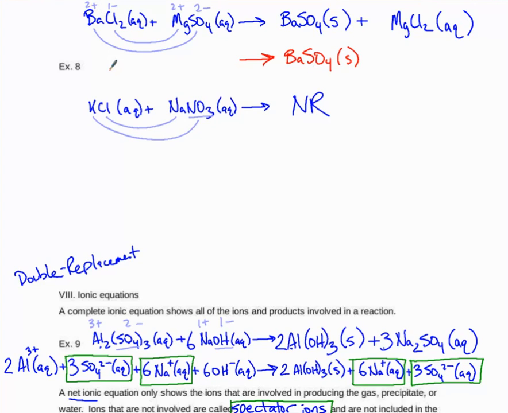There was a barium 2+ ion, which was aqueous, and there was an SO4 2- ion, which was aqueous. And so that's really the short way to do it when you want to find the net equation. The net equation is basically what really happened. This is the short version of the story.